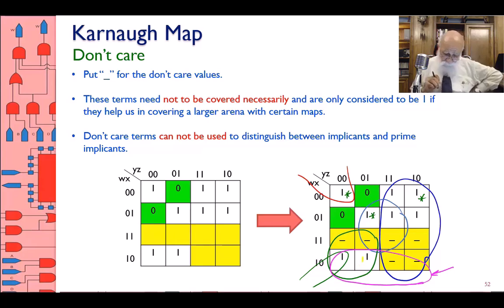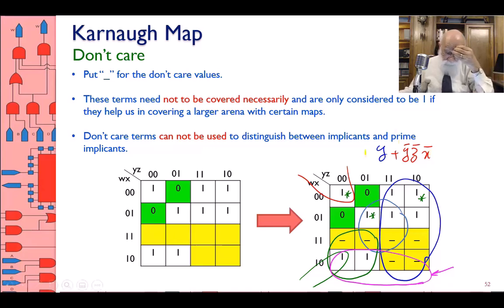Okay, and therefore my solution for this particular example would be, let me write this down. This is y for the big one, and then for the one on the upper left and lower left is y bar, z bar, x bar.